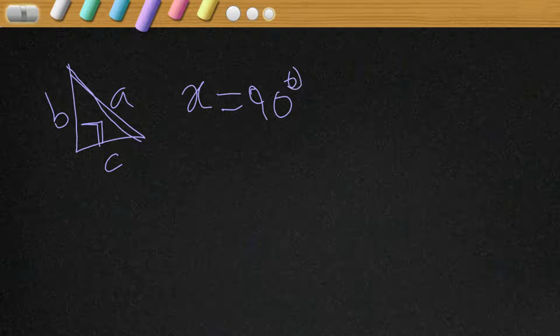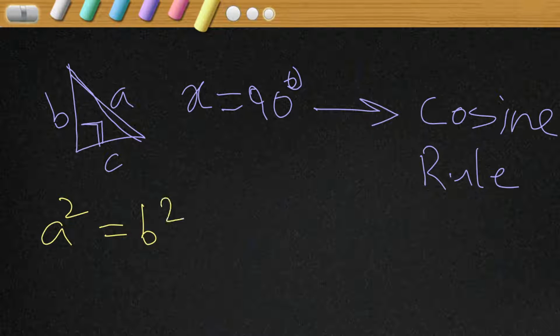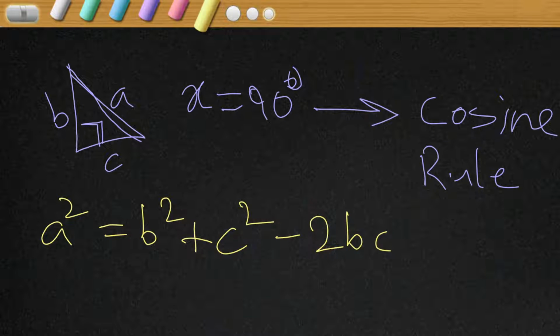So why don't we put it into the cosine rule? a squared equals b squared plus c squared minus 2bc cos x.